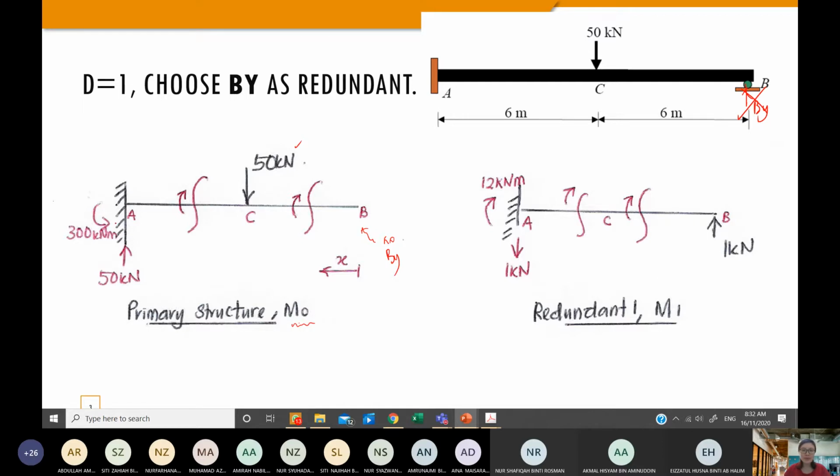Then you can copy everything from your primary structure, your geometry and support reactions, to your redundant structure, M1. What is the treatment? Remove the real loads, and then apply back BY or R1 equal to 1 kilonewton, which you have already put here. Are you okay, class?